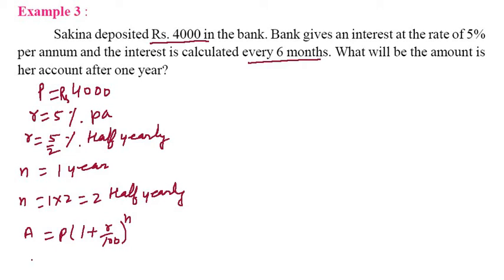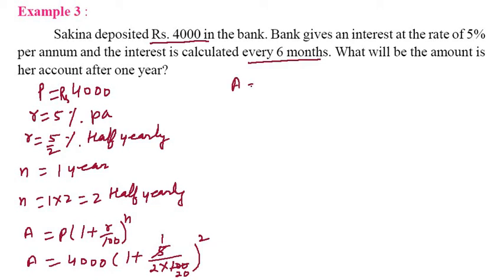So what will happen in this one? A is equal to P, which is given as 4,000, 1 plus R, which is given as 5 by 2, so you have to write 5 by 2 into 100. And the power is 2, so you have to write here 2. So 5 1 is 5 and 5 2 is 10.